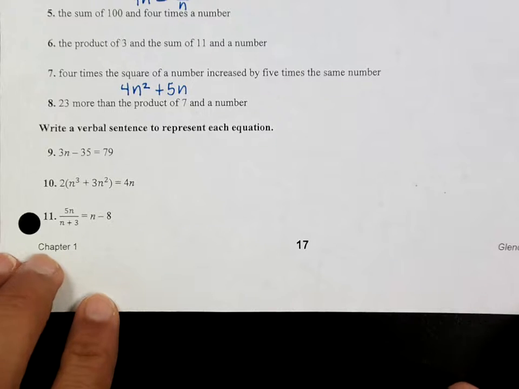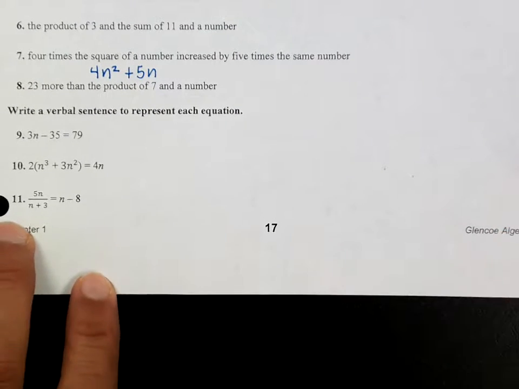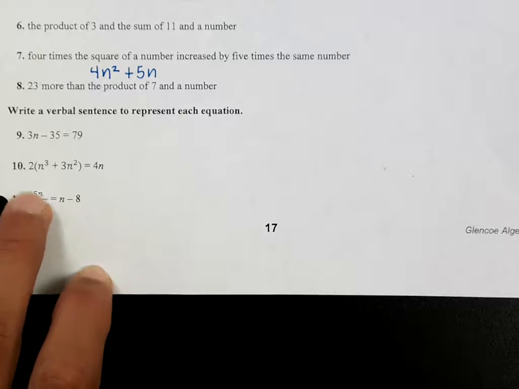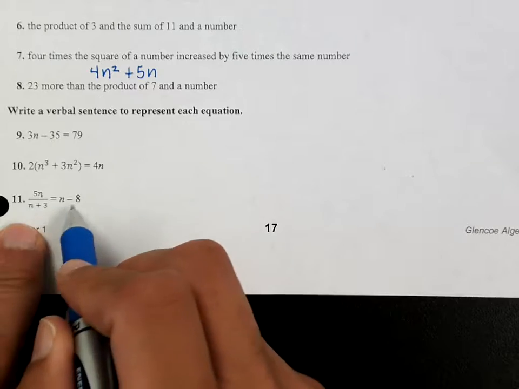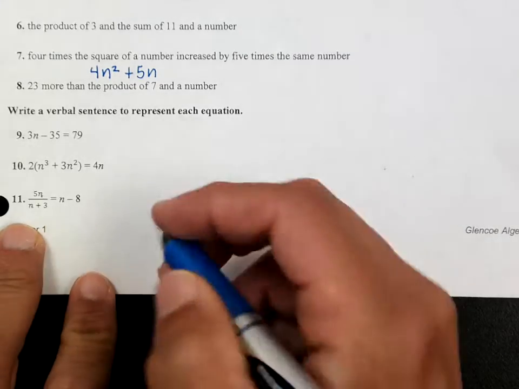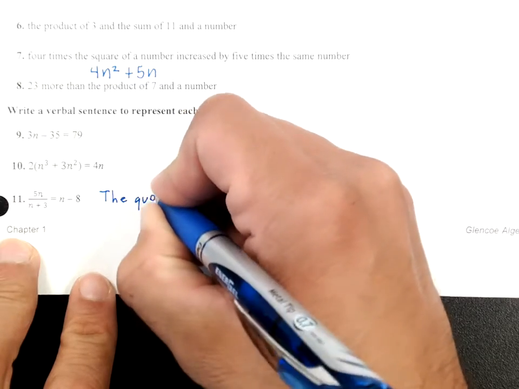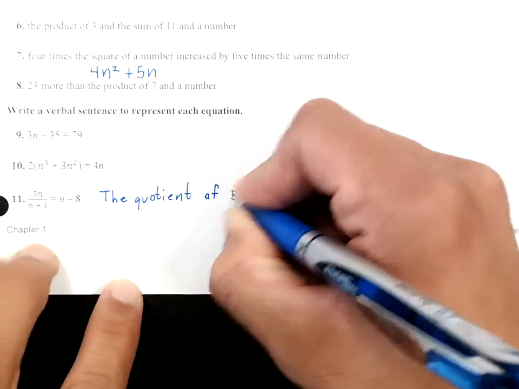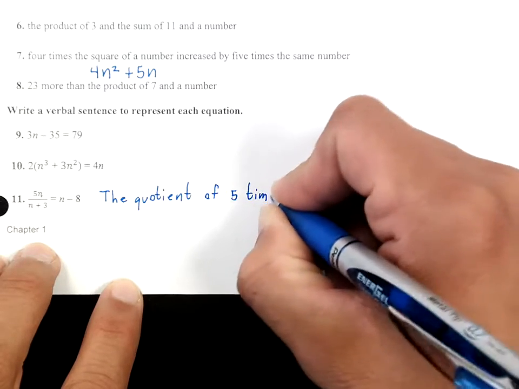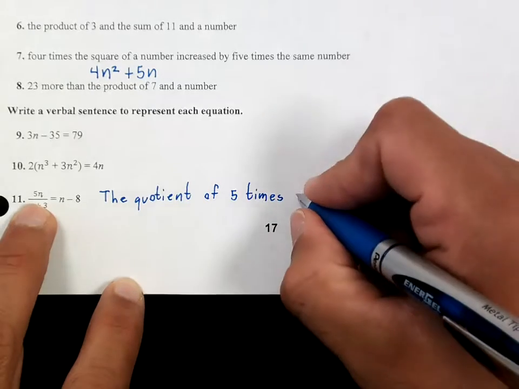Number 11. So let's do 11. It's kind of a long one, but let's do it. I'm going to write it like this, see if you can follow. In this one, notice that you have a quotient, a division, a times, an addition, and a subtraction. So I'm going to write this as the quotient of 5 times a number.